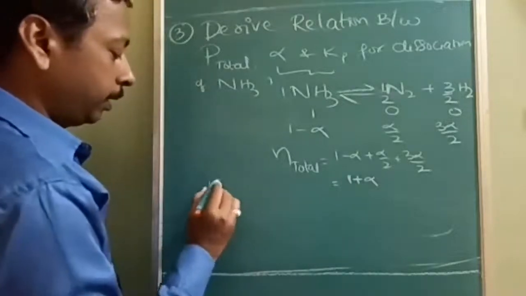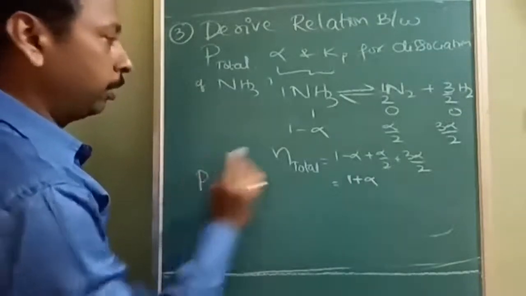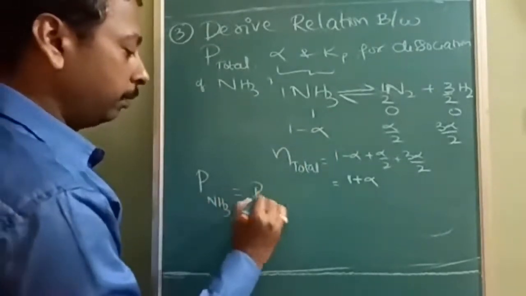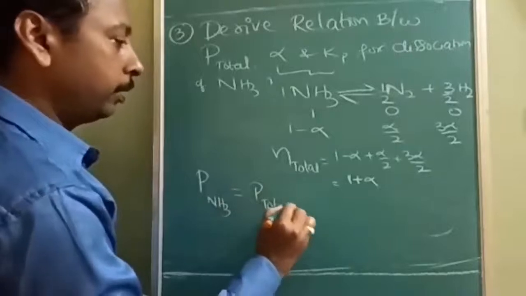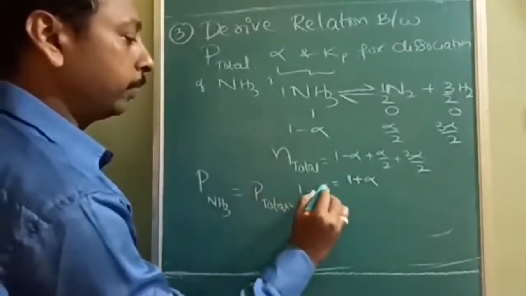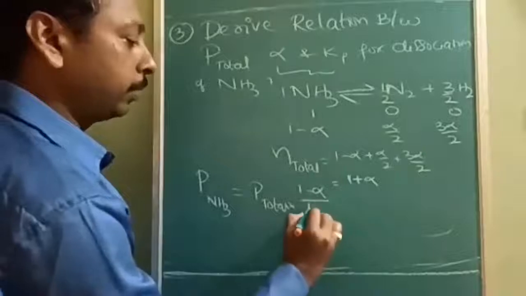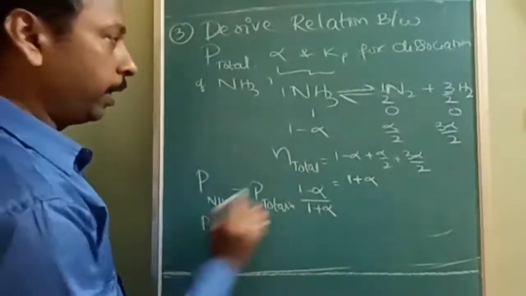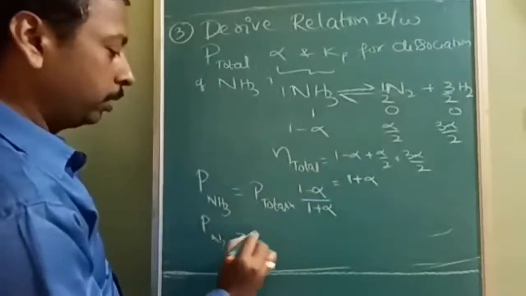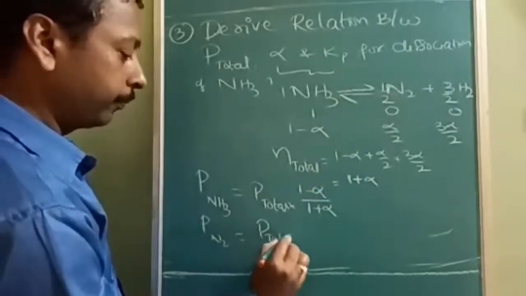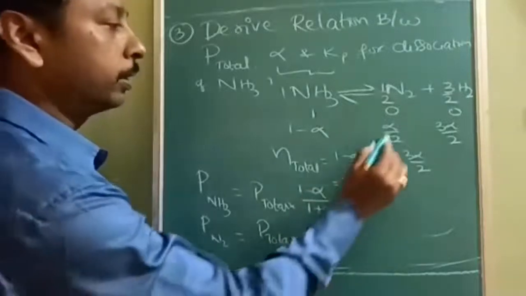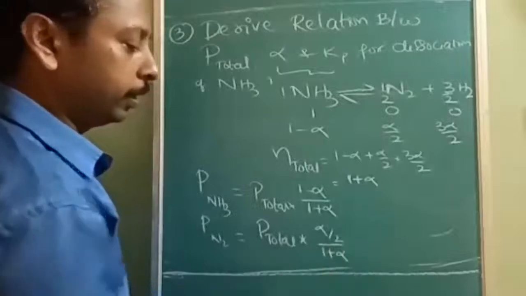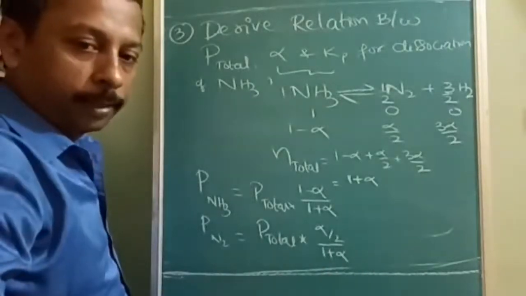Now partial pressures we have to note down. Partial pressure of NH3, according to Dalton's law, is P total into its mole fraction. Its mole fraction will be 1 minus alpha divided by total number of moles, 1 plus alpha. In the same way, partial pressure of N2 is equal to P total into its moles, alpha by 2, divided by 1 plus alpha.